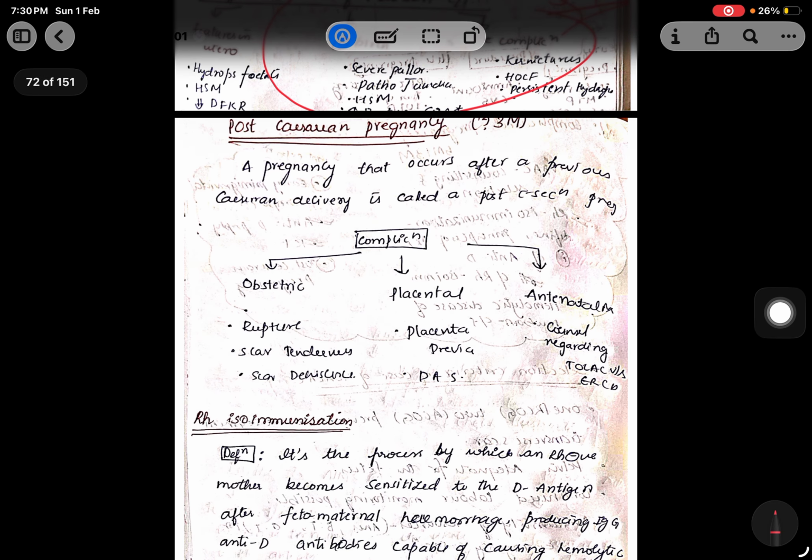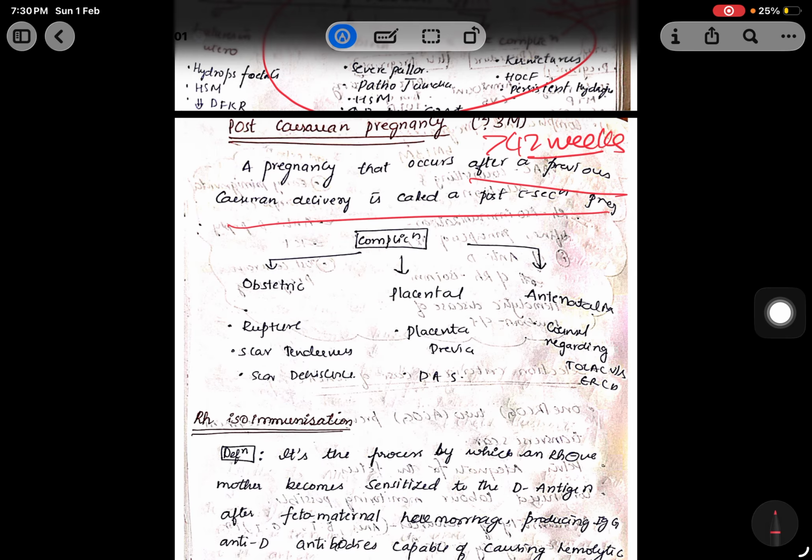Okay. What is post cesarean? More than 42 weeks, it's called post cesarean, right? Post dated pregnancy is more than 42 weeks, but post cesarean pregnancy is one that occurs after a previous cesarean delivery.